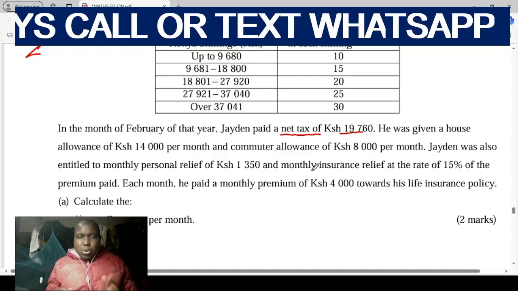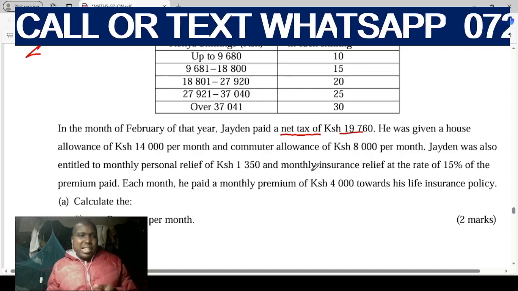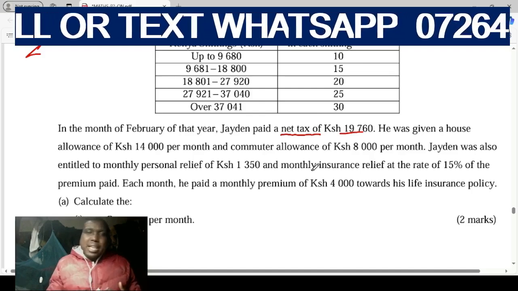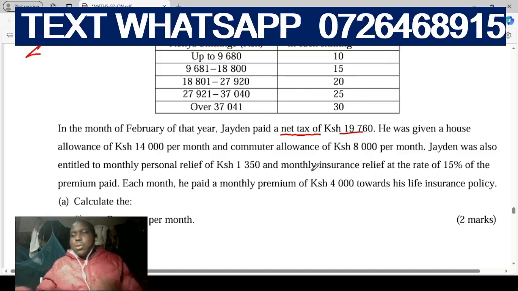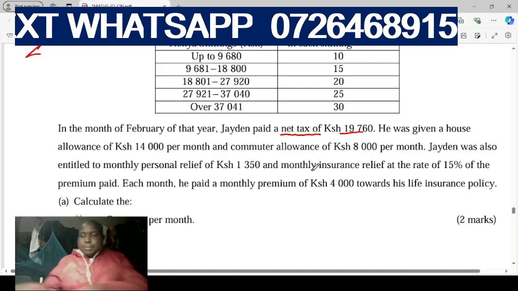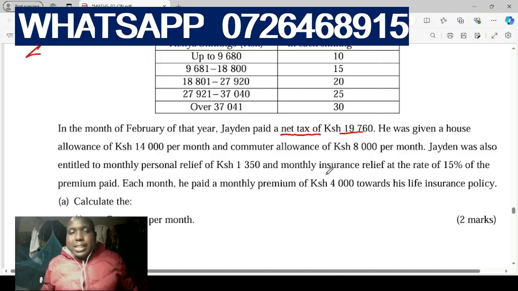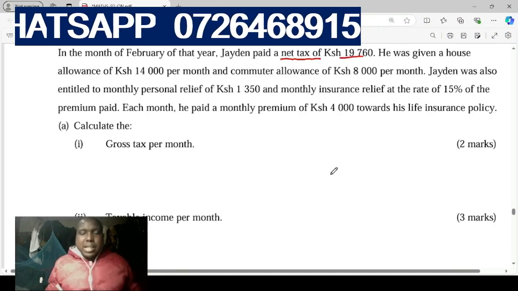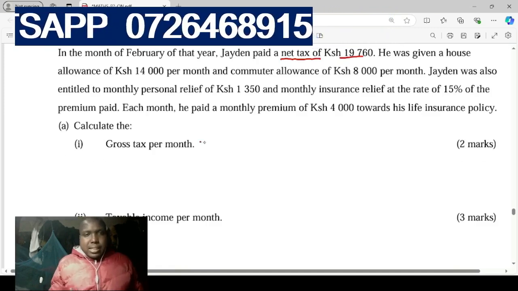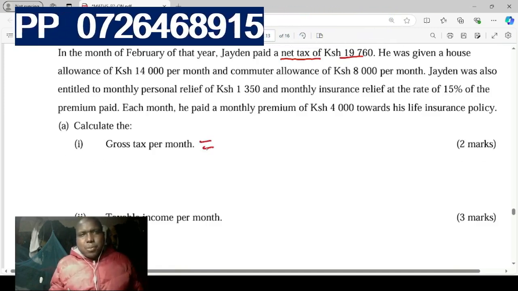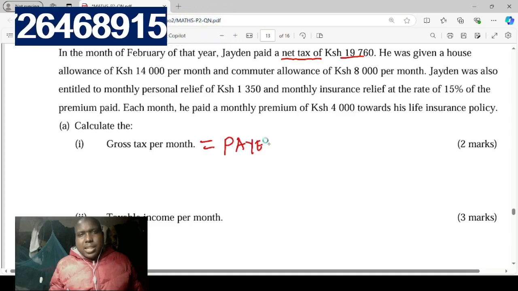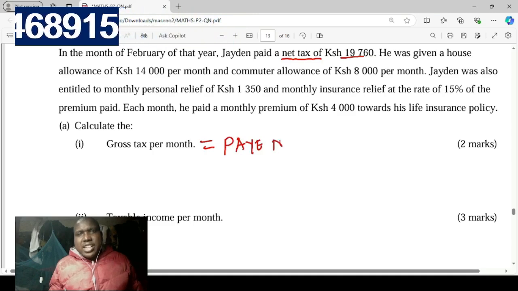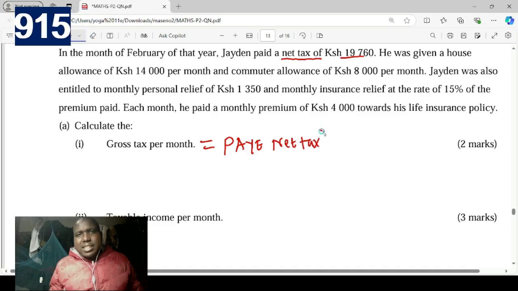Gross tax, hakuna mtu atakwambia this one walipeana, lakini unafaa kujua ukishapewa pay, kitu ya kwanza utatafuta ni gross tax, ndio utumie hiyo gross tax kwa table kufind the taxable income. So let us find taxable income. The gross tax is equal to pay, which is also called net tax, minus reliefs.